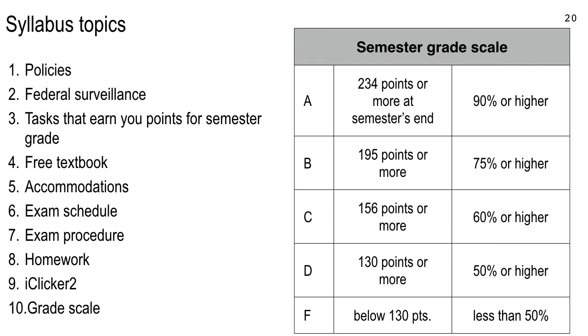So I have it set up so that if you answer 85% of all the iClicker questions, like the 2 today, and however many more we have this semester, if you answer 85% of them correct or incorrect, you'll get all 45 points for your semester grade. All right? And that is mentioned here on the back side of the syllabus.